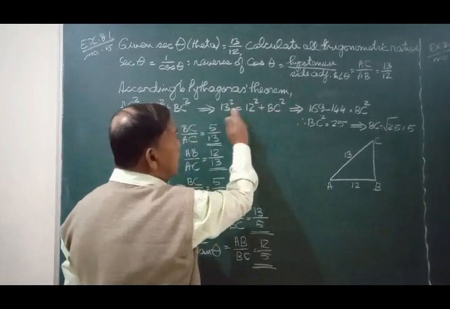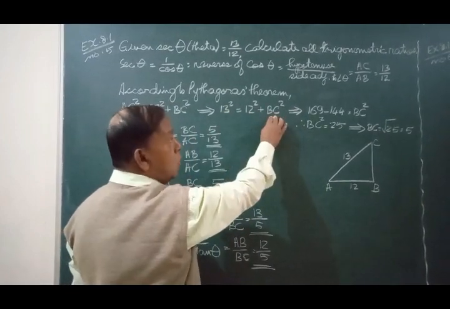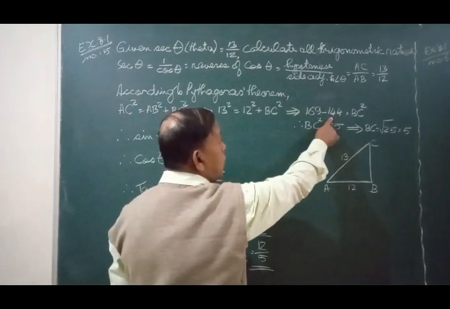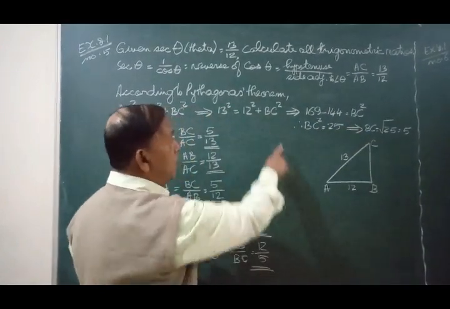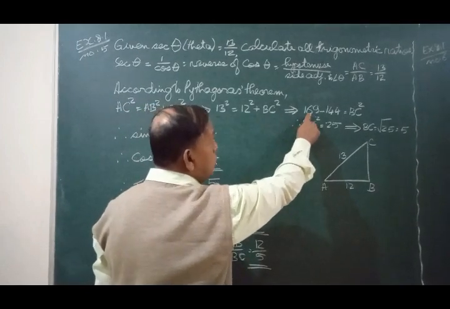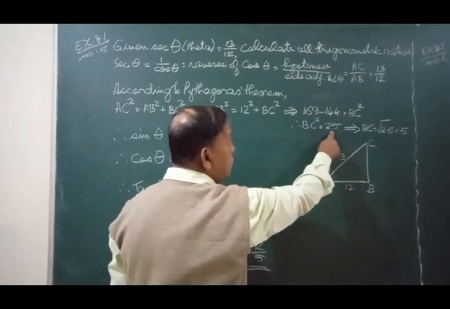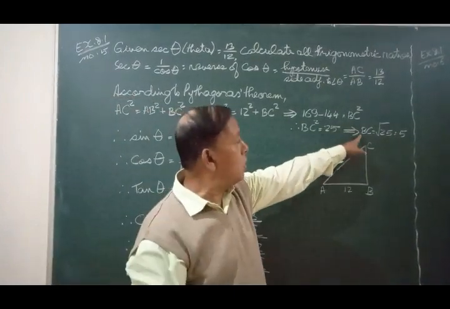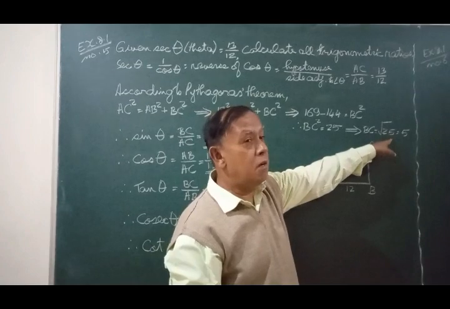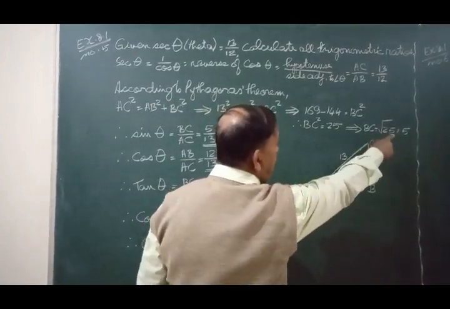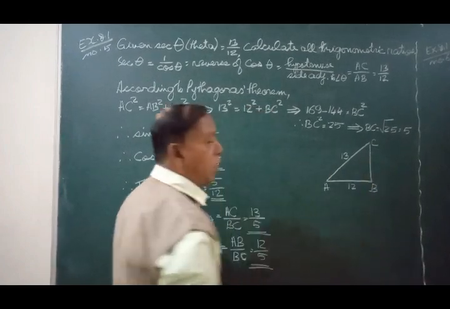Now we transfer so that we get BC alone: minus 12 squared, minus 144, is equal to BC squared, the unknown number. Therefore, BC squared is equal to 169 minus 144, which is 25. So BC is equal to square root of 25, that is 5. BC is equal to 5.